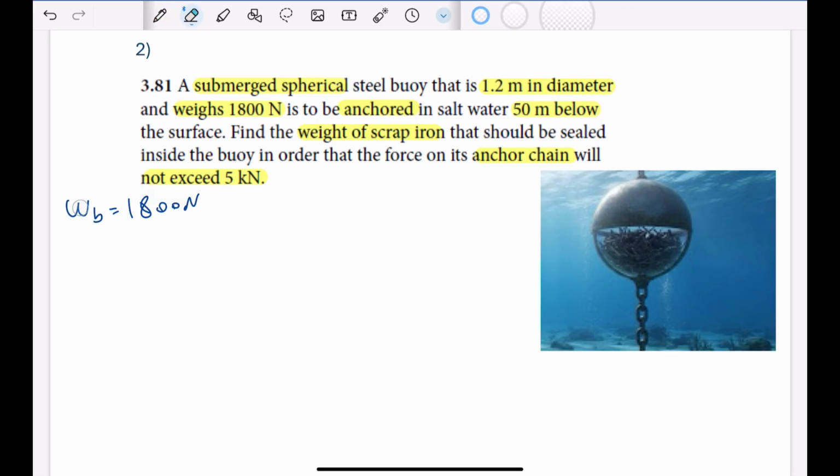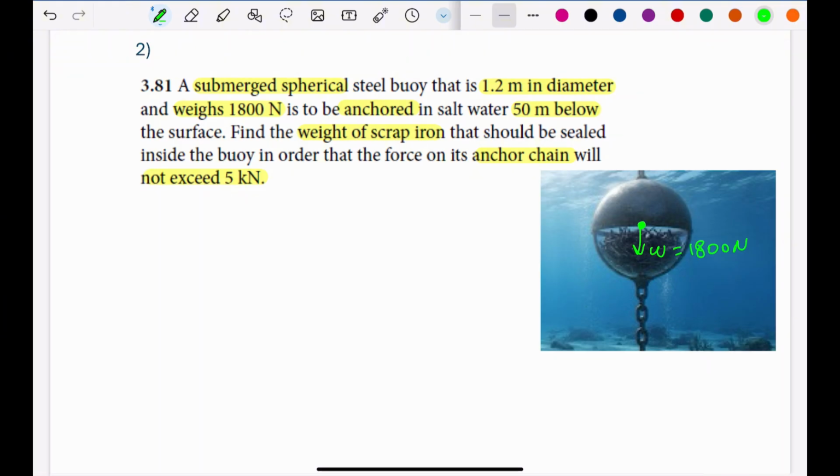So let me write everything on the shape. We have weight of this buoy, which is W, and it is equal to 1.8 thousand Newton. Also, the question says that it will be anchored in salt water 50 meters below the surface.